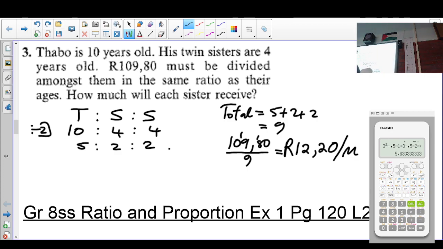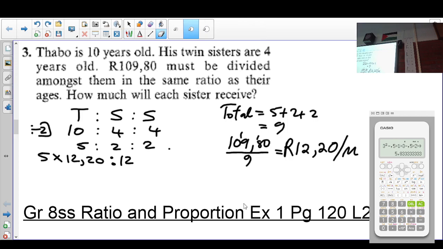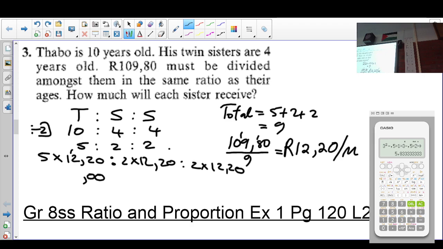How many units does Thabo have? 5. So it's 5 times 12 rand 20. How many units does each sister have? So it's 2 times 12 rand 20. To multiply this out, I'm going to get 61.